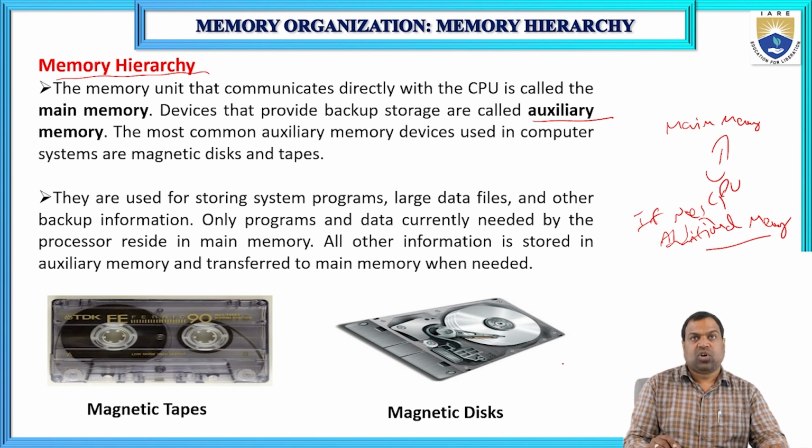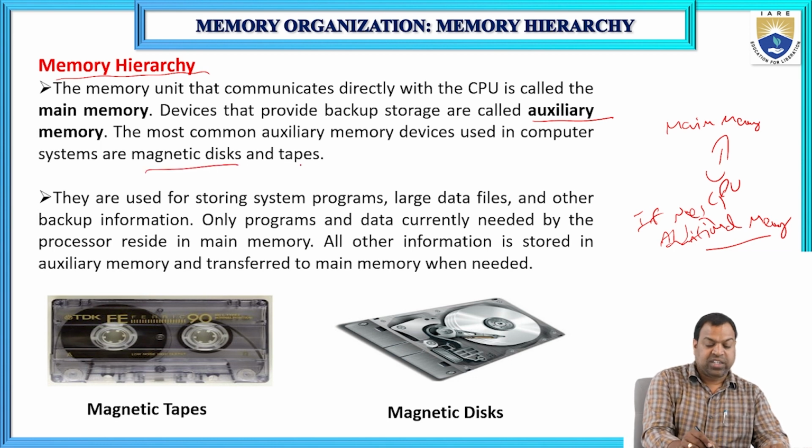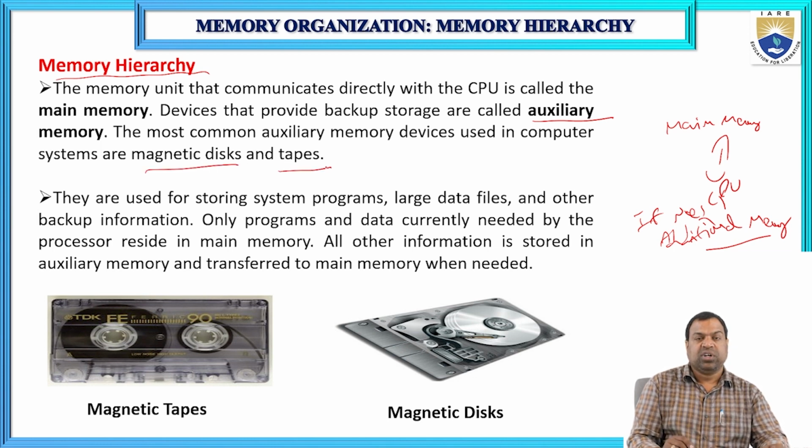The most common auxiliary memory devices in computer systems are magnetic disk and magnetic tape. These are the most important and mostly used with a CPU. They are called auxiliary memories, meaning externally connected memories to the CPU. We are additionally using this memory with the CPU.